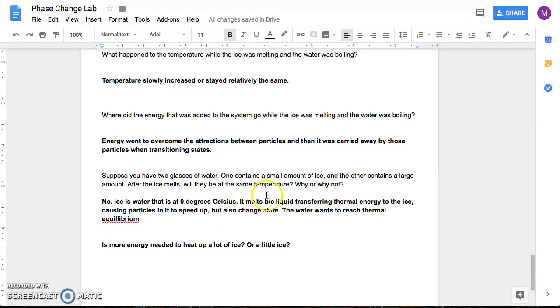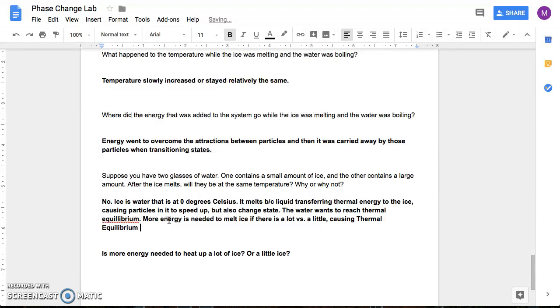So similarly, if we have 2 cups, one with a small amount of ice and one with a large amount of ice in it with water, the one with a large amount of ice needs much more energy to heat up and turn that all into liquid. So more energy is needed to melt ice if there is a lot versus a little, causing thermal equilibrium to shift downwards.